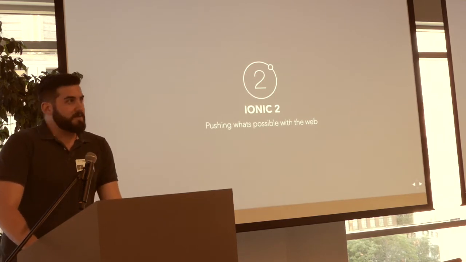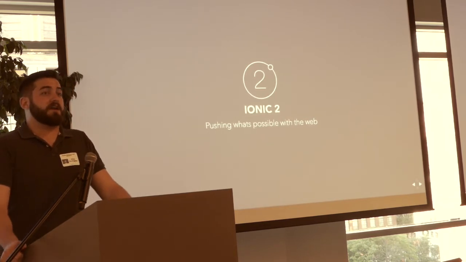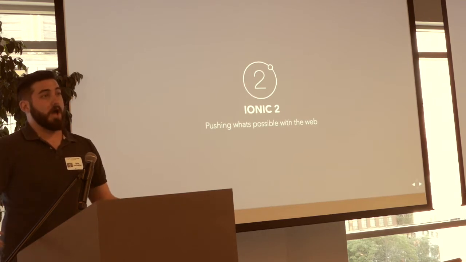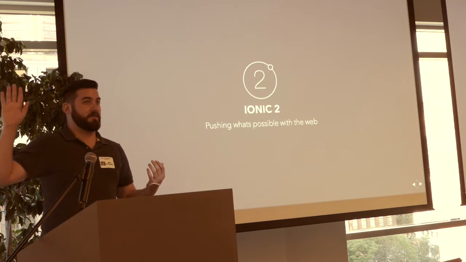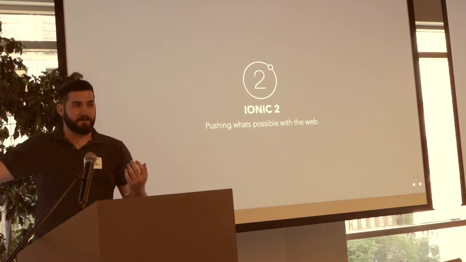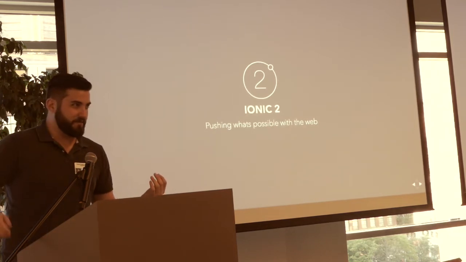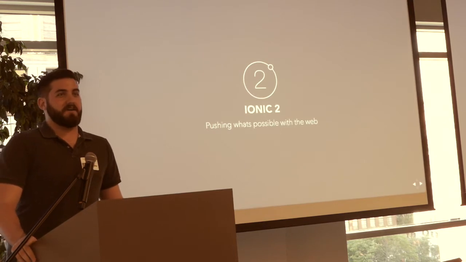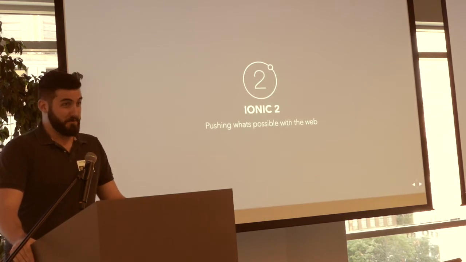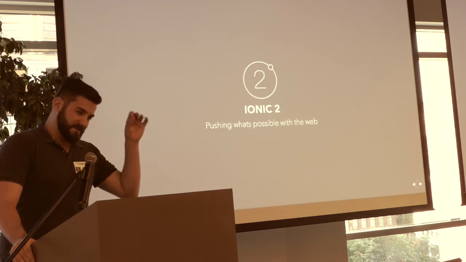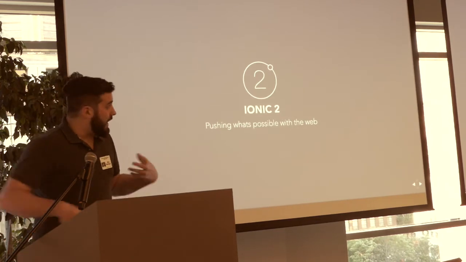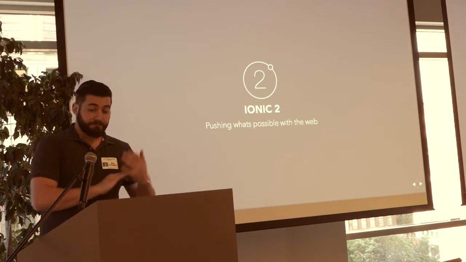So earlier I mentioned all the fun stuff about Ionic, and that was referencing Ionic 1. Who's kept up to date with Angular at all? A few people. So Angular came out with this drastic change of Angular 2, which looks completely different from Angular 1. It's not really that different. But Ionic 2 is built off of Angular 2.